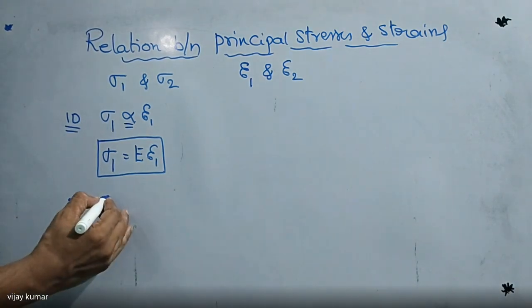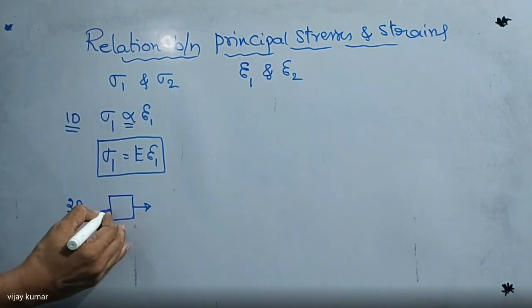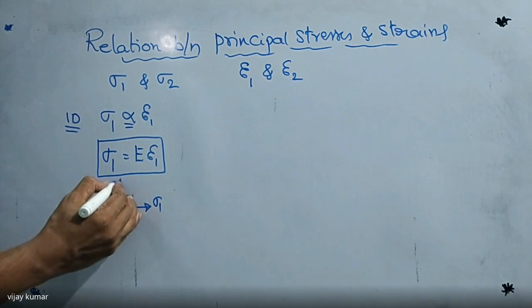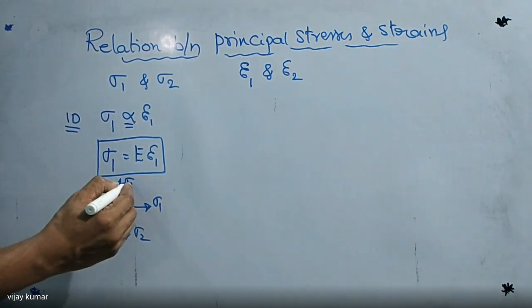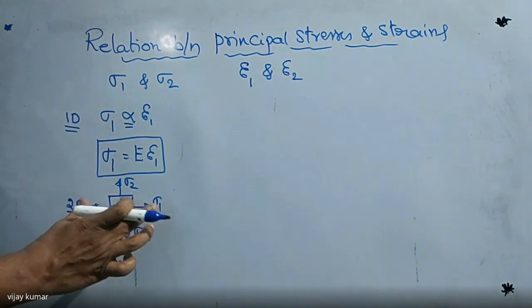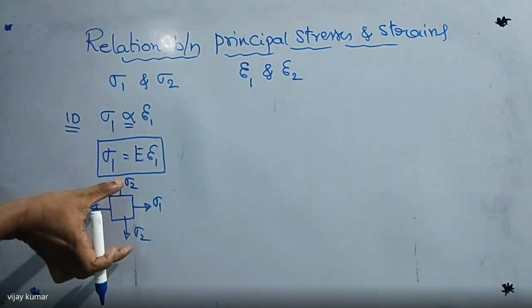When the component is subject to a biaxial state of stress, for example this one is sigma 1 and this one is sigma 2, how many strains will develop here? Two types of strains will develop: the first is linear strain and the second is lateral strain. If you apply the force along the x direction, along x there must be a linear strain and along y there must be a lateral strain.